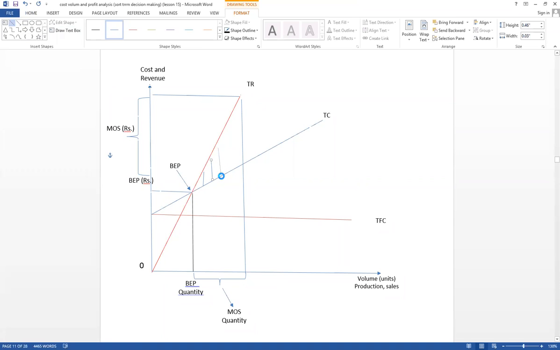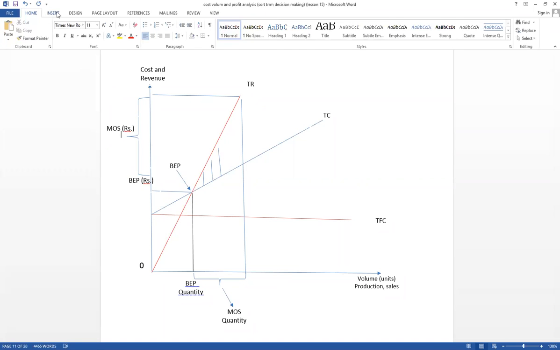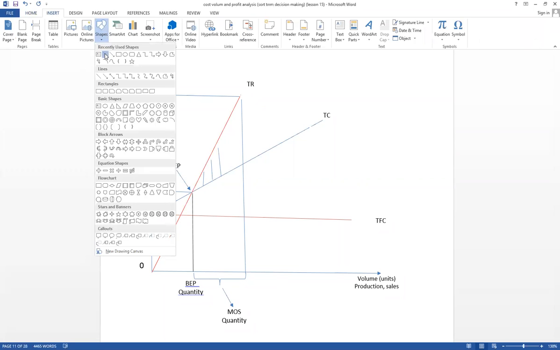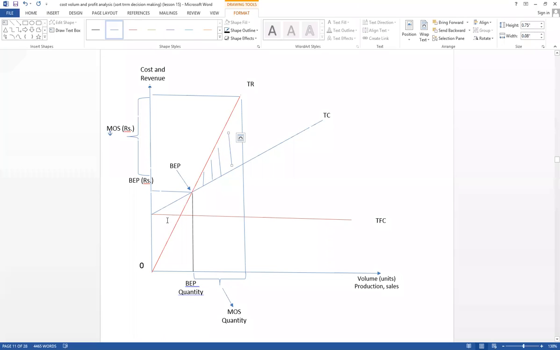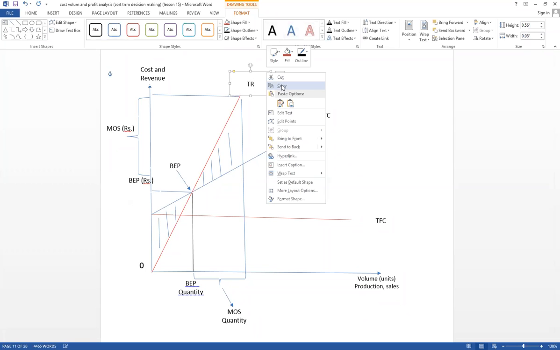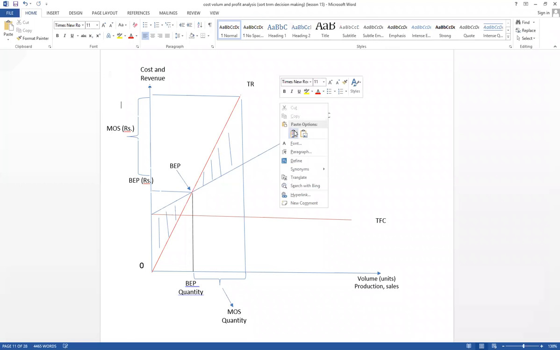Profit and loss also you have to disclose. Therefore, this is profit. And this side loss available. Therefore, loss here. Profit and loss also you have to disclose. Therefore, profit. They ask graphical presentation also.